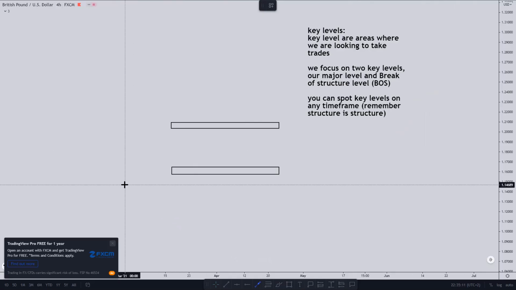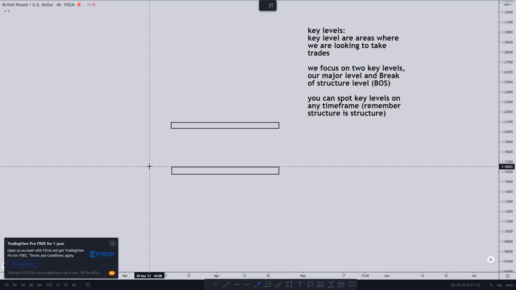When we add key levels into those things, that's when you're going to be able to know when to expect a higher low or a lower high. With key levels, we are going to be able to identify and know when to expect those highs or those lows being created.